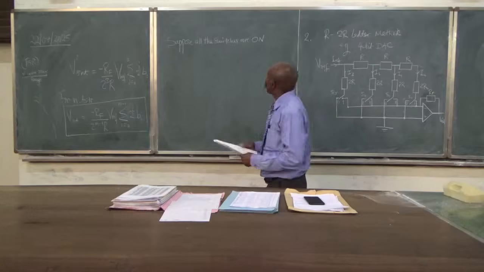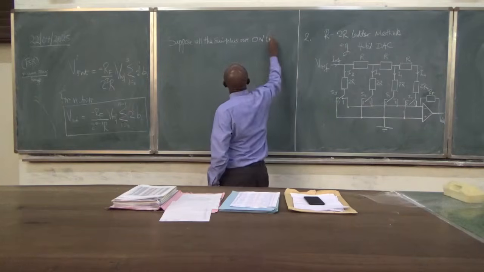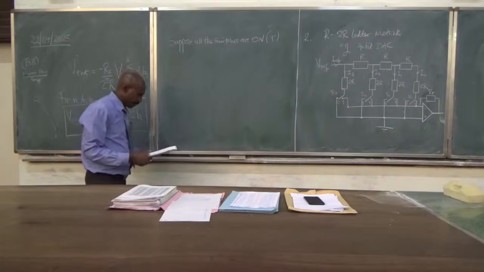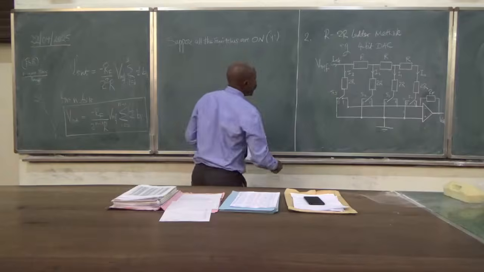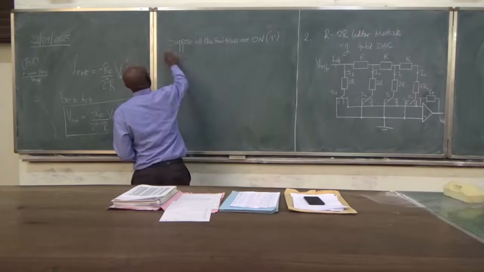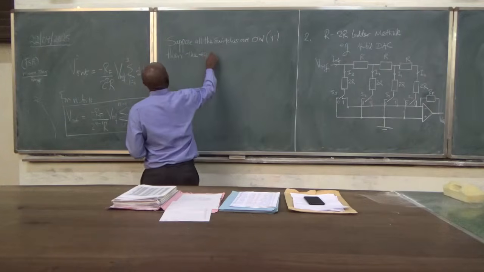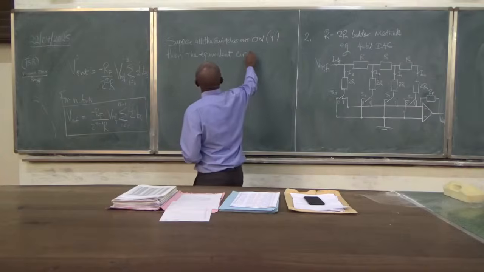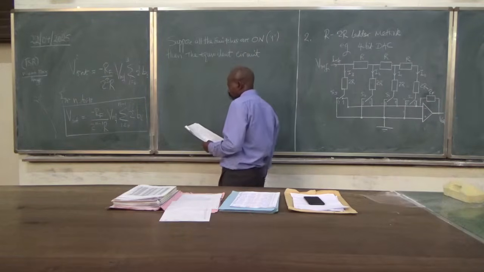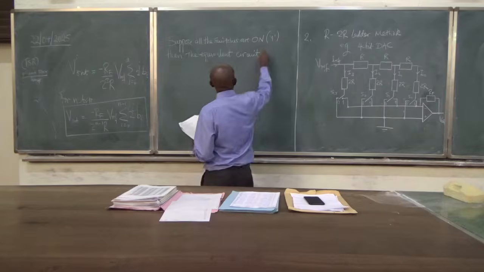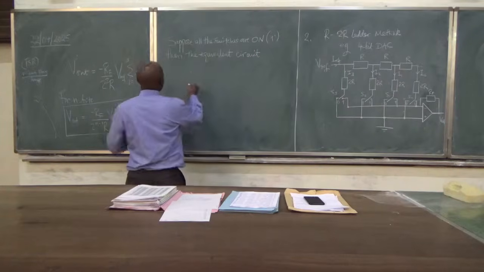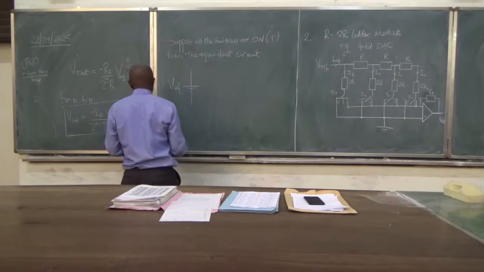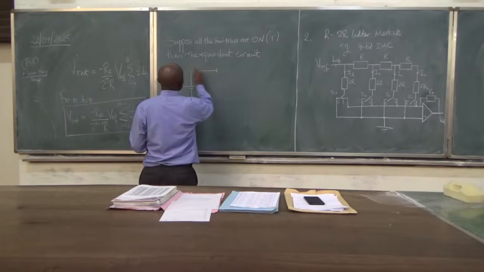Meaning what? If they are on 1, if all of them are on 1, since it is a two-way switch, then the equivalent circuit is we have Vref, then we have a bunch of these other three.